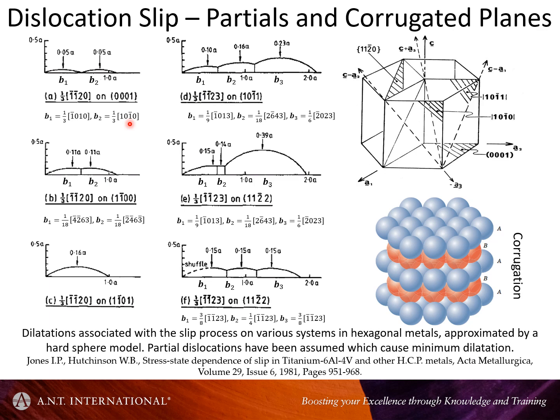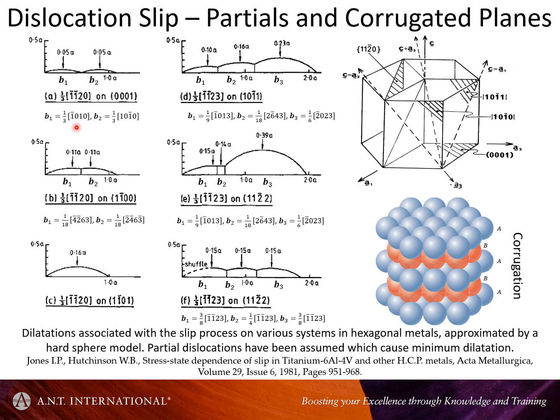It's most easily demonstrated with the ball models, and I can also illustrate it in the next couple of slides, just to show you schematically. So this shear operation on the basal plane is very similar to what happens in FCC.